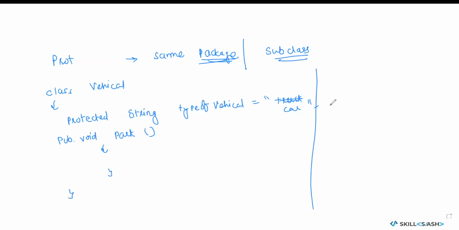And if I create a class here, something like class Car extends Vehicle, and in that I'm writing public static void main string arguments, and I'm creating my object as, let's say, new Car.